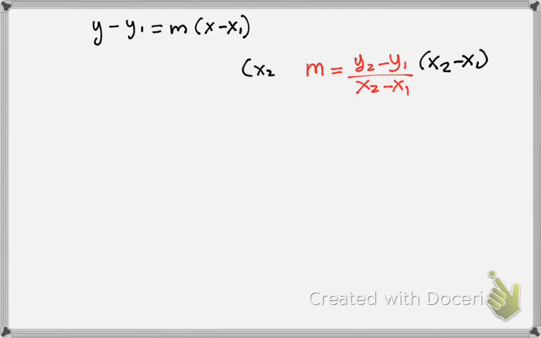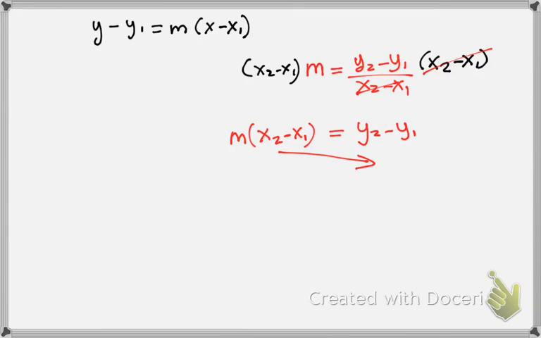We have x2 minus x1 times m equals y2 minus y1. Switching sides, I get y2 minus y1 equals the slope m times the quantity x2 minus x1.